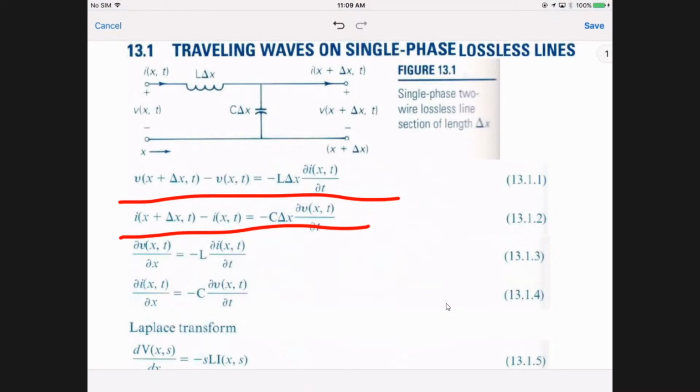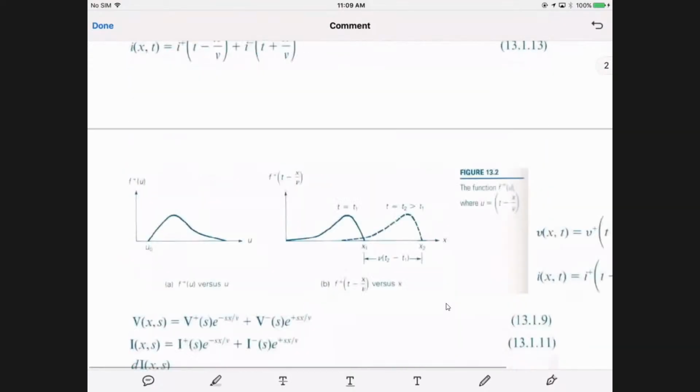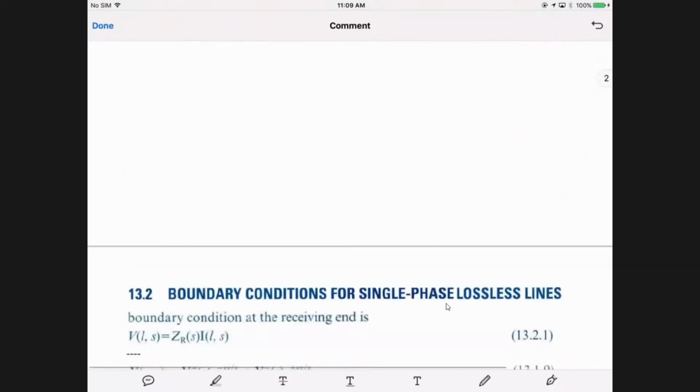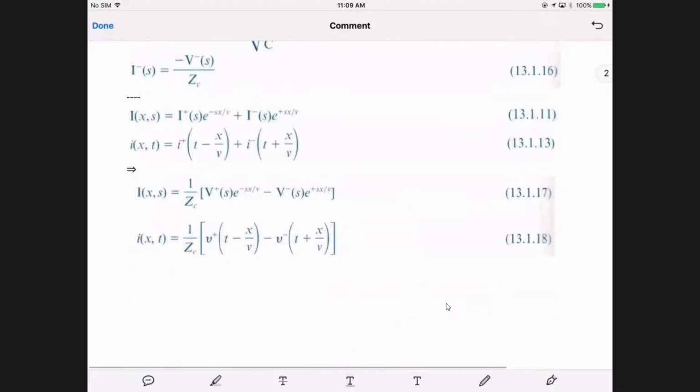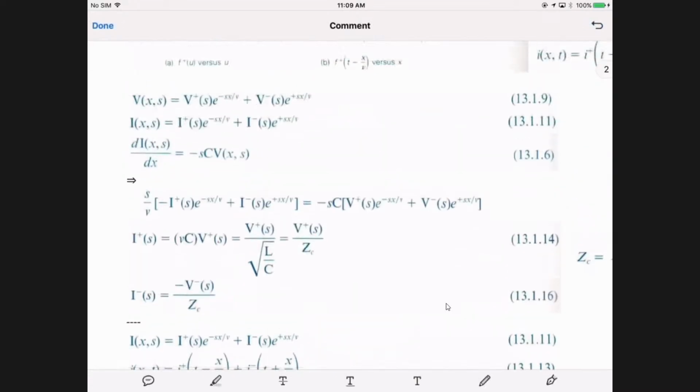Okay, and then continue. Then it becomes the characteristic impedance. So a matched load means... I just want to understand the meaning. Well, what does the characteristic impedance mean?